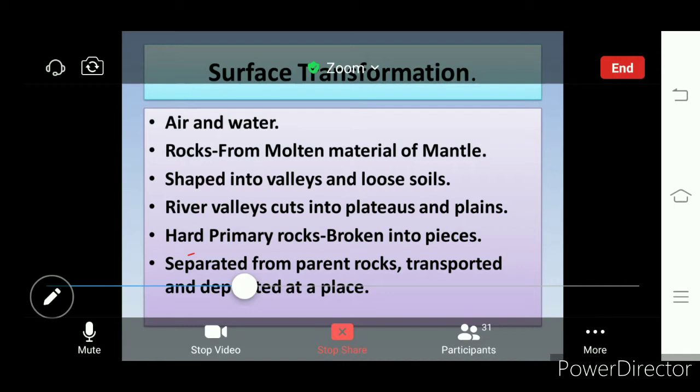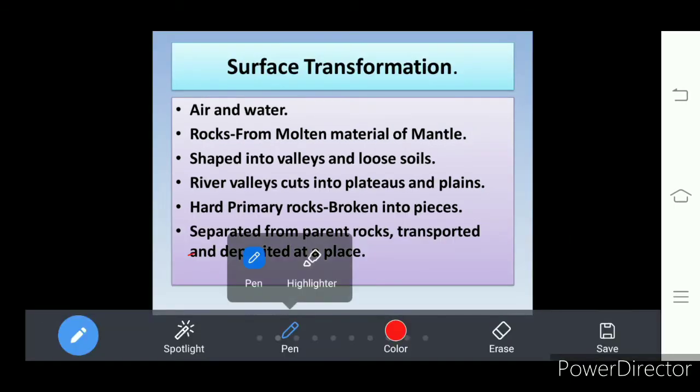So this hard primary rock, we call parent rocks, and the broken pieces from the hard primary rock are transported by air and water, okay, and deposited where the capacity of the air and water becomes low.